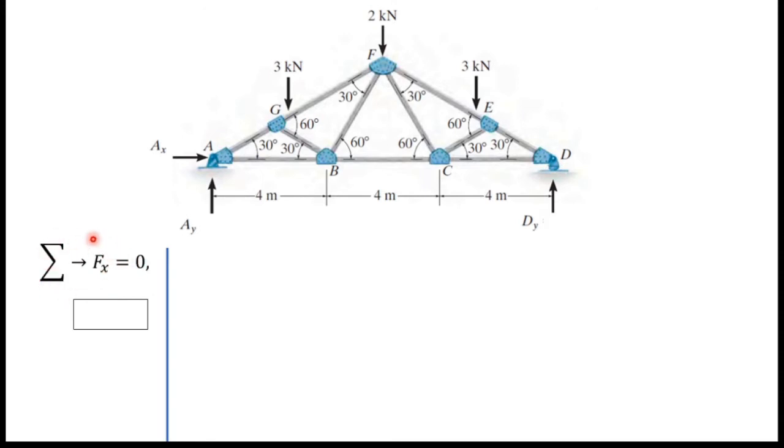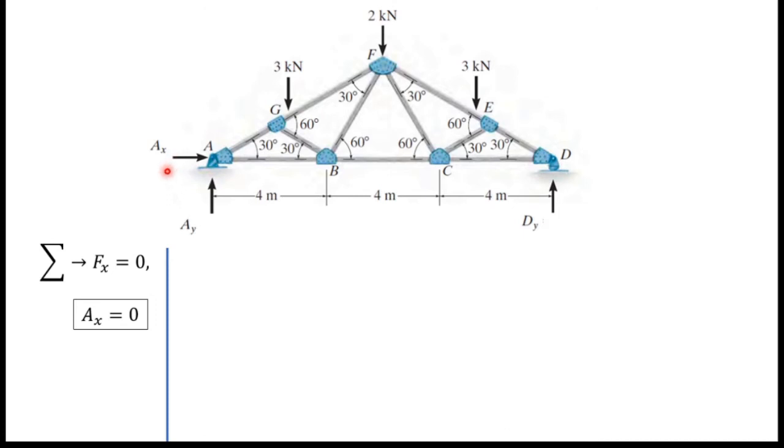If I take the sum of all the horizontal force components, you can see there is only one force component. So that means AX equals 0. So AX equals 0 means this AX force is useless. So consider it doesn't exist.